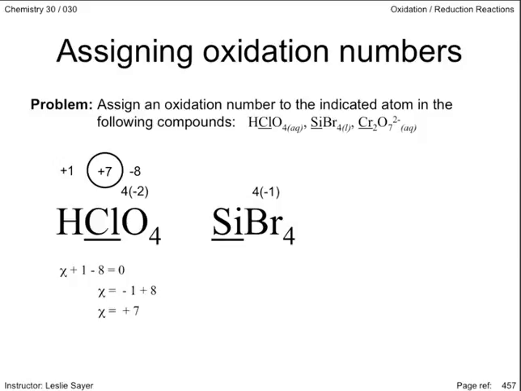But there are 4 of them, so the oxidation number of the 4 bromines is -4. Again, assigning X to represent silicon's oxidation number, the sum of X and -4 equals the net charge of the silicon tetrabromide molecule, which is 0. So X equals +4.